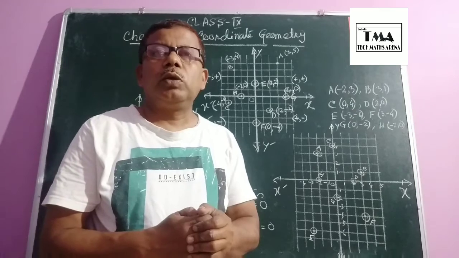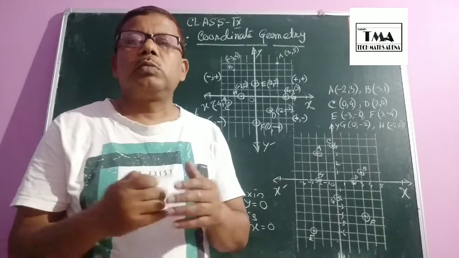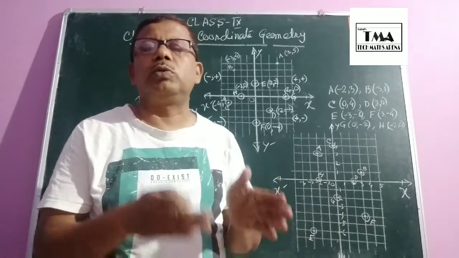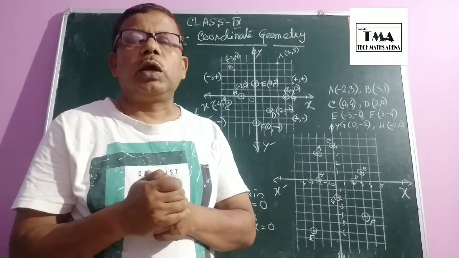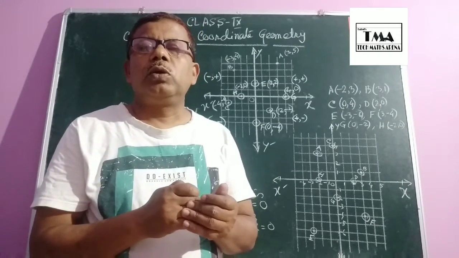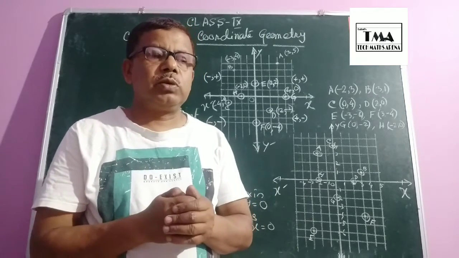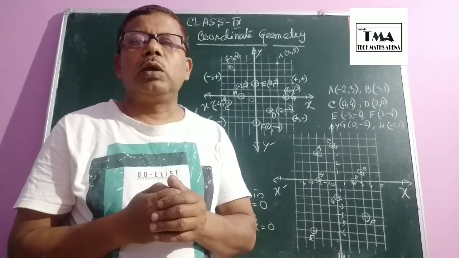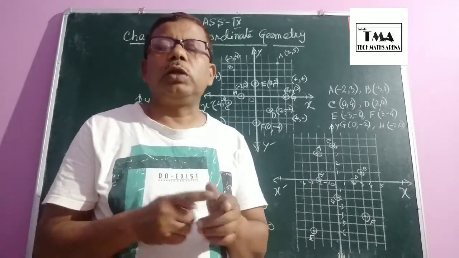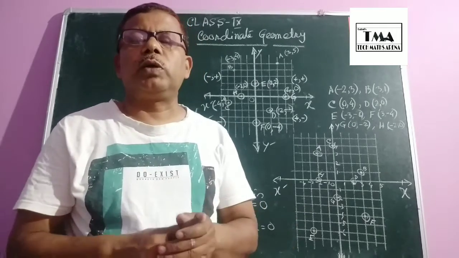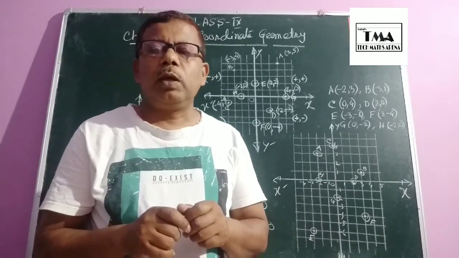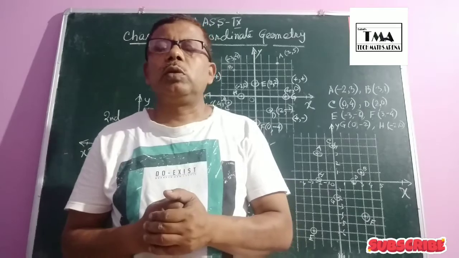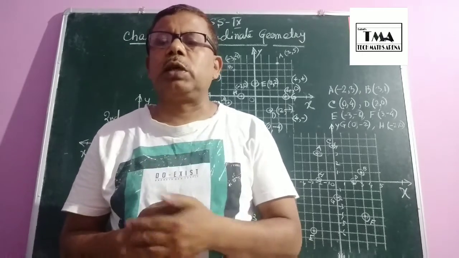Similarly, we will get linear equations of one variable or two variables, and from that equation we will find points with x coordinate and y coordinate. After plotting the points on graph paper we will get a straight line, and that will be shown to you in our next class.